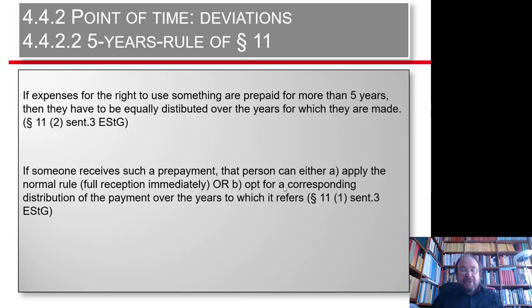A strange thing was that 5 years rule. It was inserted some decades ago because there have probably been some people who thought about prepaying the rent for their office rooms for the next 5 or 10 years just to be able to lower their business profits of this year. Imagine you are an architect, you have made an extraordinary profit this year, let's say 500,000 or 1 million, and in all other years you only have an income of 50,000.